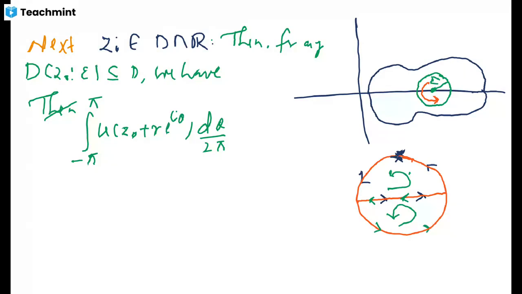You see what is in it. If there is a point z naught plus r e to the i theta in the upper semicircle, which is part of D plus, then its reflection is the point z naught plus r e to the minus i theta.